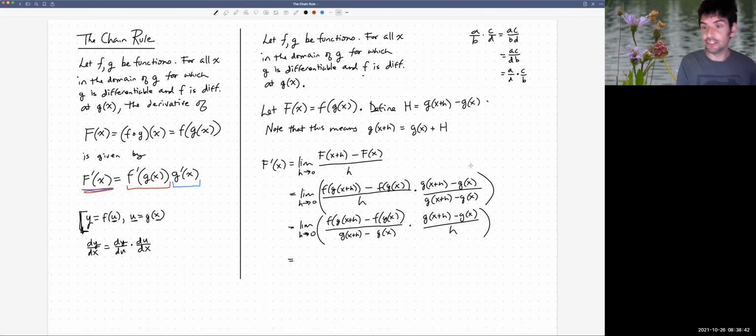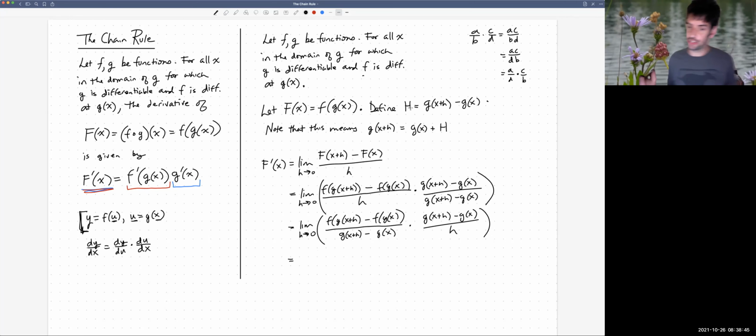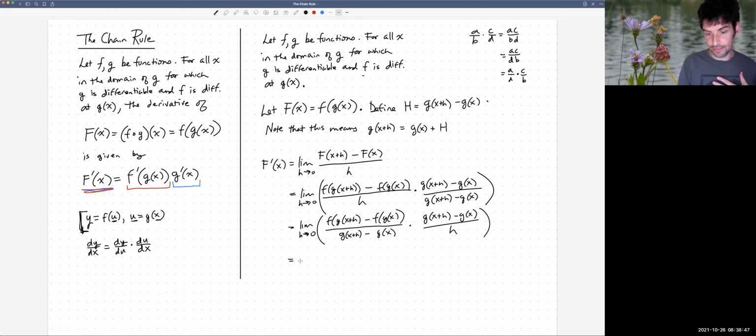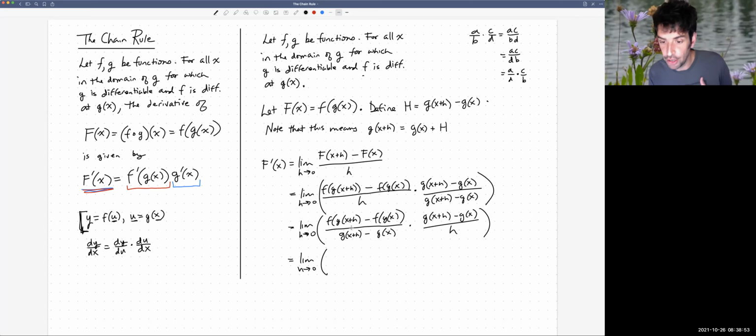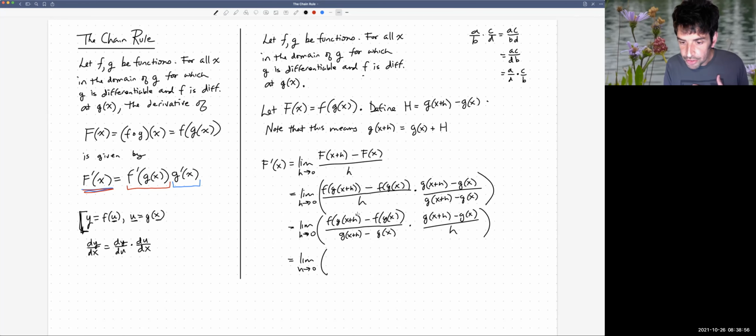All right, now let's use this notation of capital H, and this is really just going to make things easier to see, I hope. So we have f of, I missed a parenthesis here, f of g of x plus h.